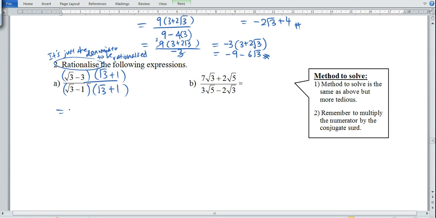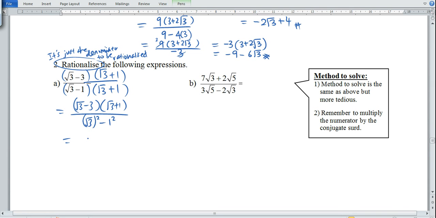So I still have to do the same like just now for example 1. In this case I will get square root 3 minus 3, square root 3 plus 1 on top. Below is my a minus b, a plus b, which is my a squared minus b squared.